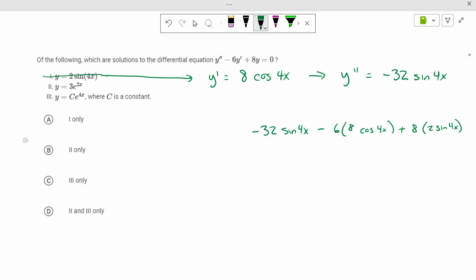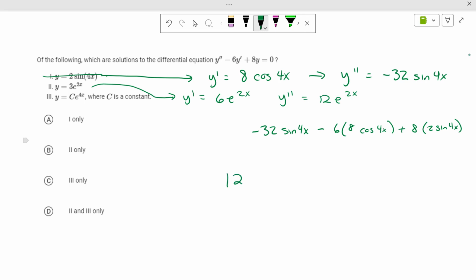Okay? So here's y. What's y prime of this? 6e to the 2x. What's y double prime of that? 12e to the 2x.